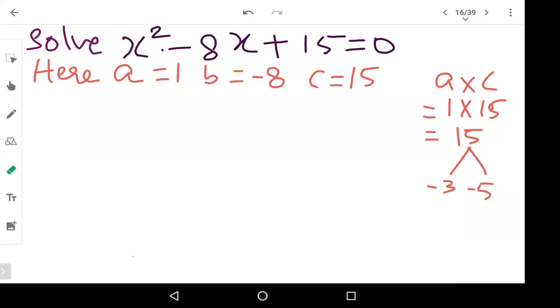Others, try and solve and say me the answer. Good. Arpita, Rida, Imran, all of them have got the answer. Bindu also. Good, Bindu.